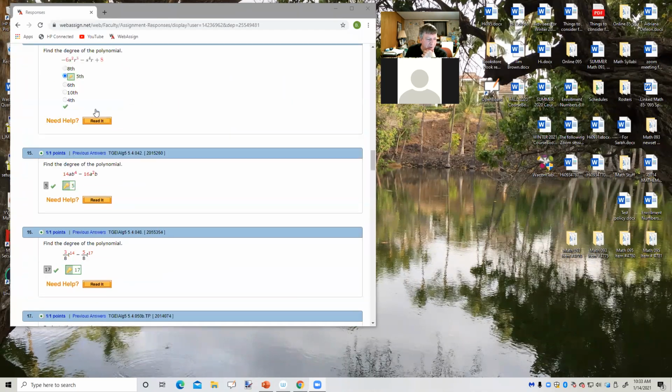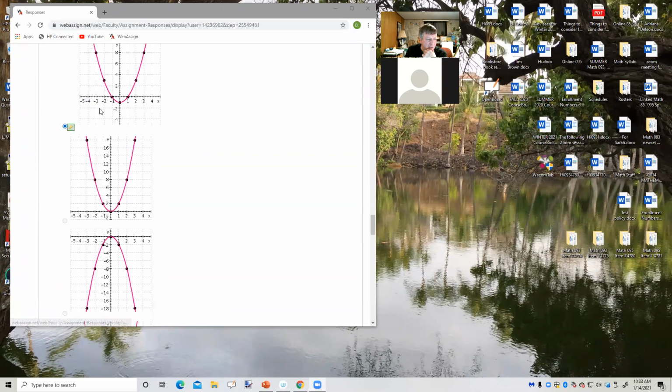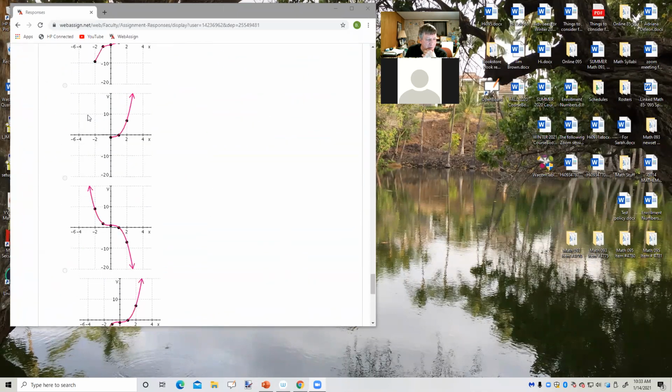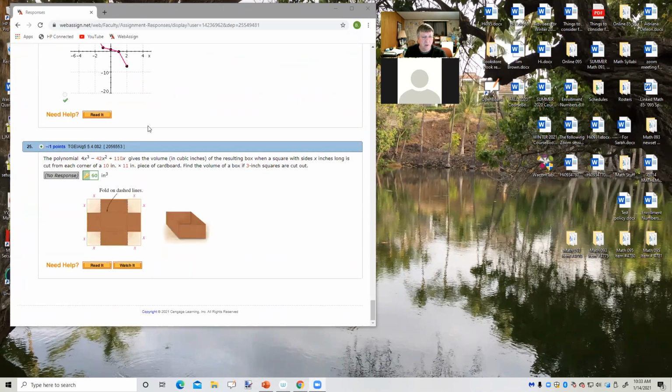And then number 25. Let's see here. Where are we? Okay. Now, at first, this problem may look rather complicated. You've got this square piece of paper. You've got to cut out these sides, and it's got the total volume and everything. But let's read it and see what it really wants.